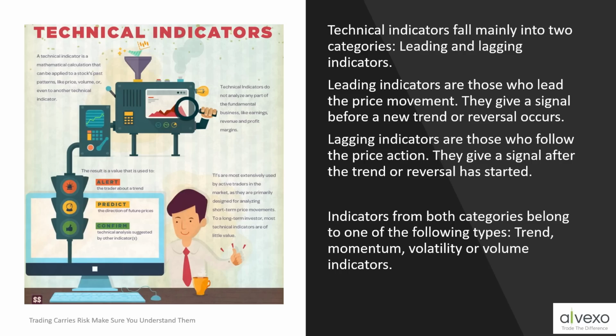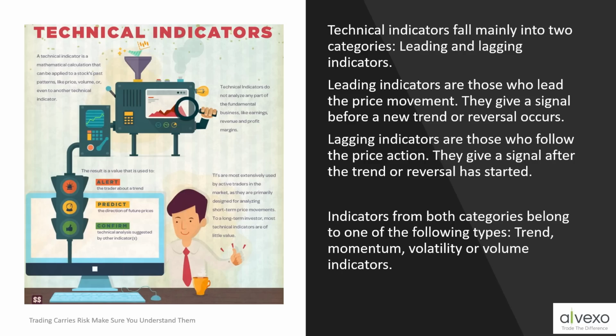So let's break down. The first part is leading and lagging indicators. Leading indicators are those who lead the price movement. They give a signal before a new trend or reversal occurs. So in other words, they help you see that a new trend is about to happen.